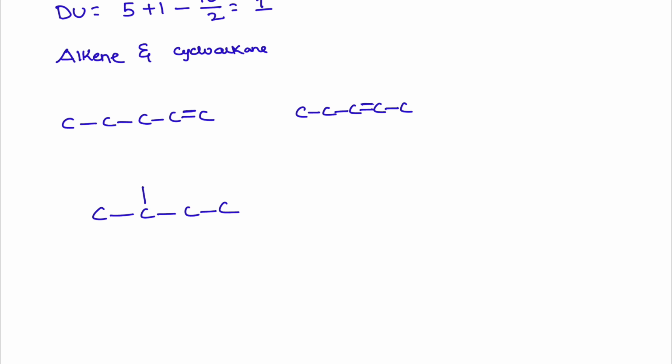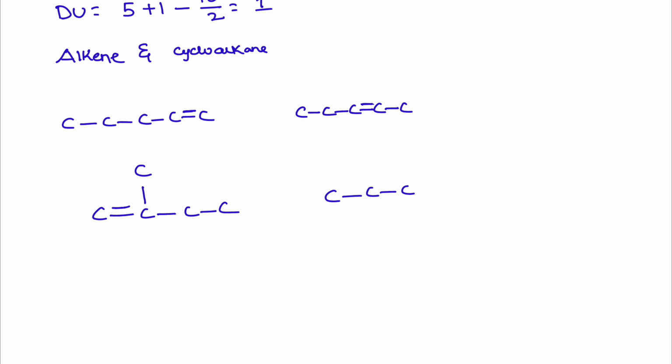So here I am keeping a methyl group substituent. Now you write the double bond at this place or at this place, the result is the same because these 2 carbons are similar. If you write a double bond here, this will be the longest chain. If you write a double bond here, this will be the longest chain. So one possibility like this.